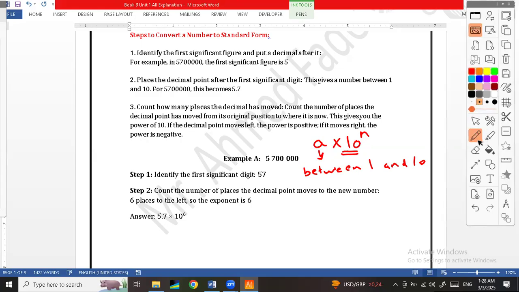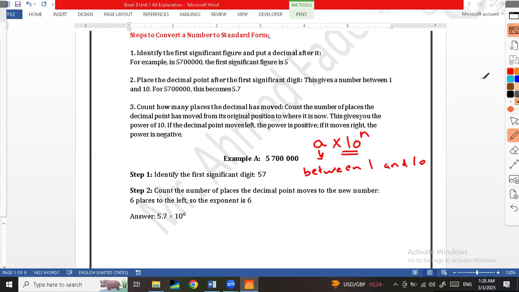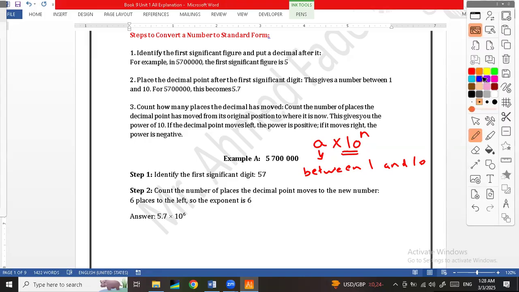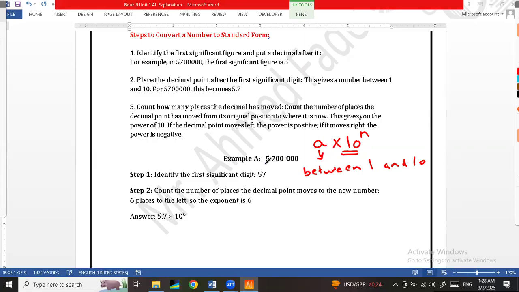5,700,000. We need to convert this into the standard form. How can we do this? In order to do this, as we agreed, we need to get from this a number that is between 1 and 10. So I'm going to convert this into 5.7. Why?